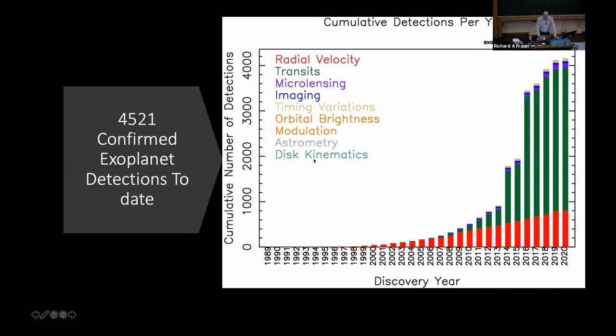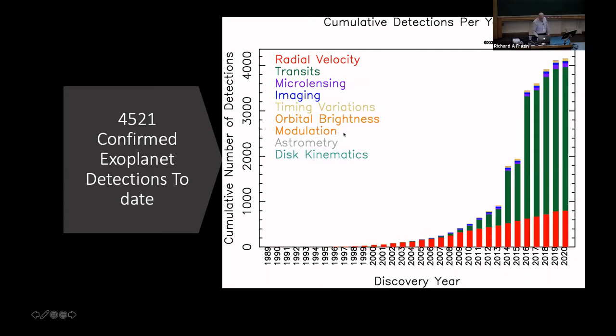So this chart here shows the number of exoplanets that have confirmed detections year by year, and the colors indicate the method that was used to find them.